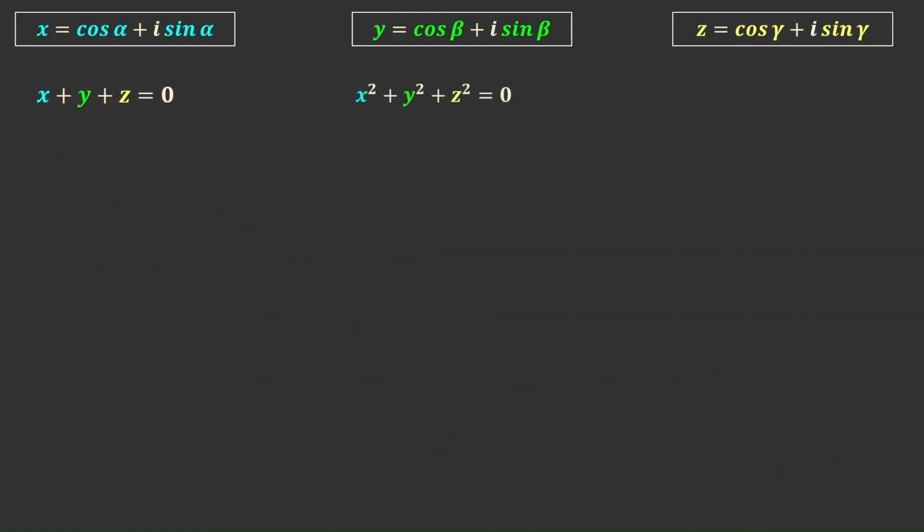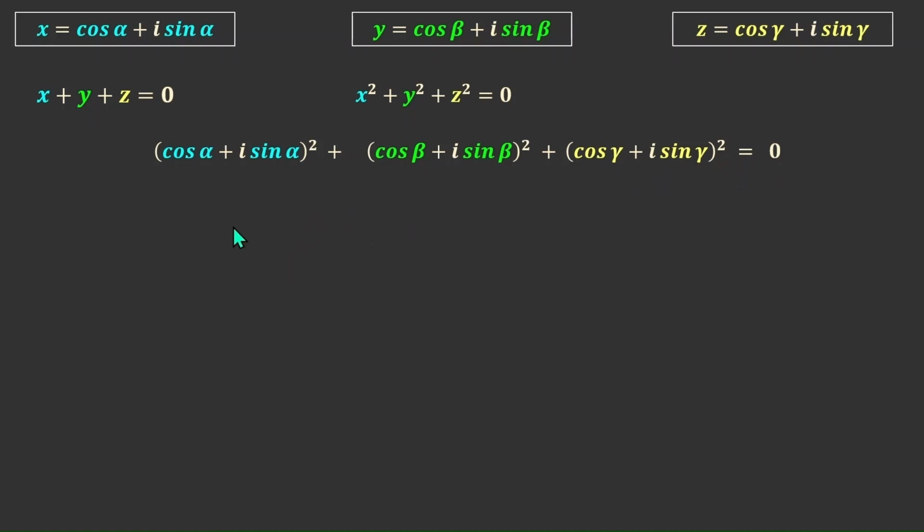And this is what we wanted, because now we can use the original formulas, and we can write it as cos alpha plus i sin alpha raised to power 2 plus cos beta plus i sin beta raised to power 2 plus cos gamma plus i sin gamma raised to power 2 is equal to 0.